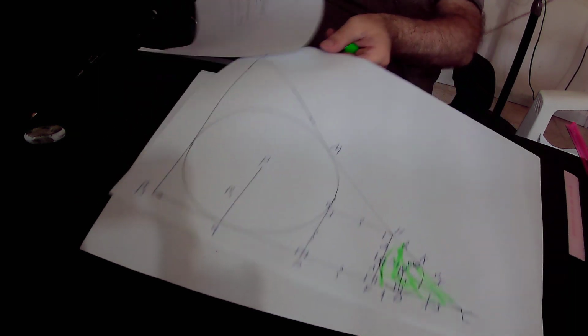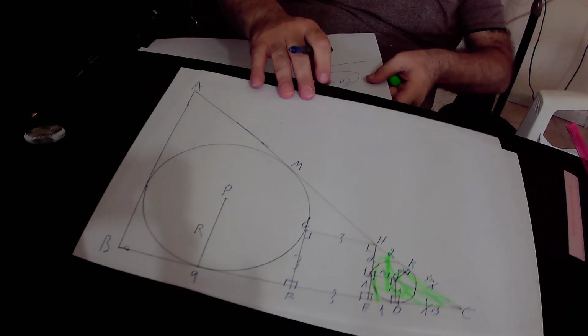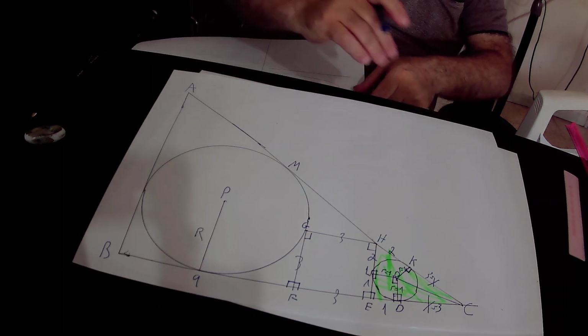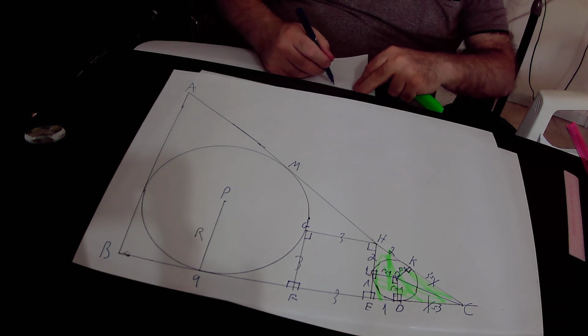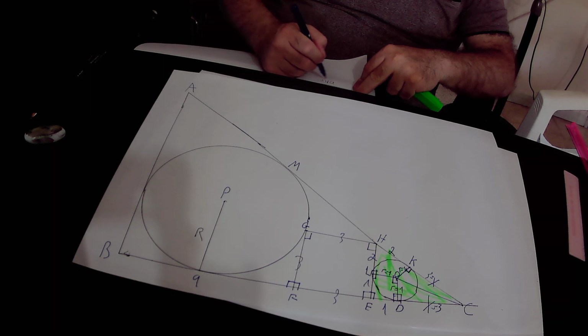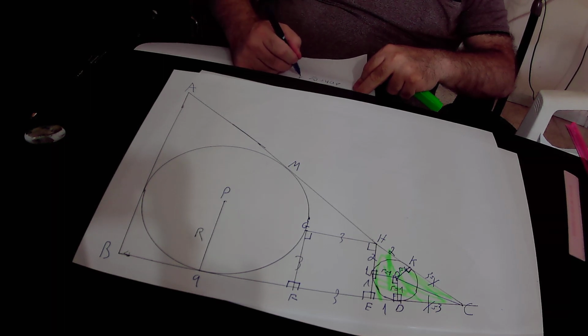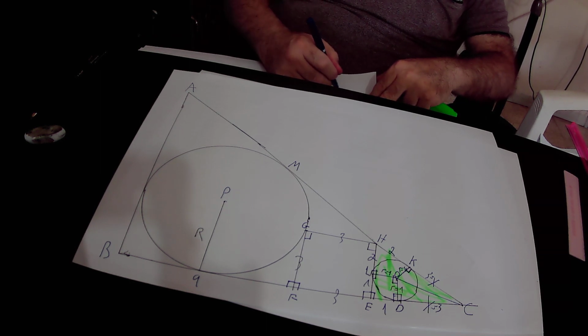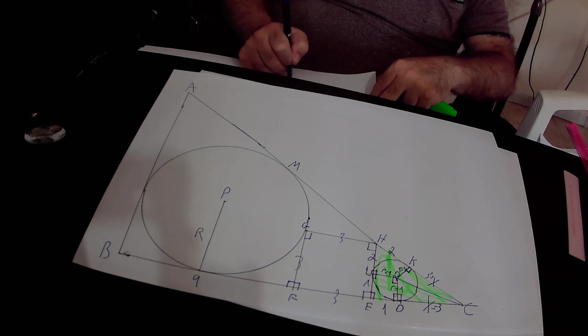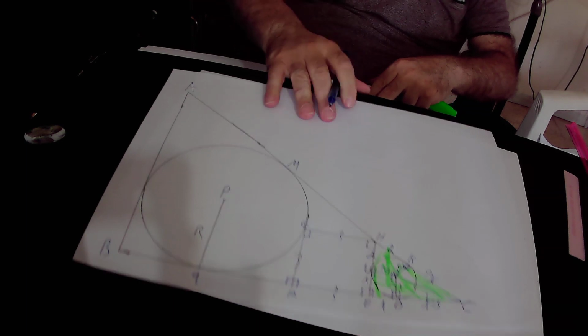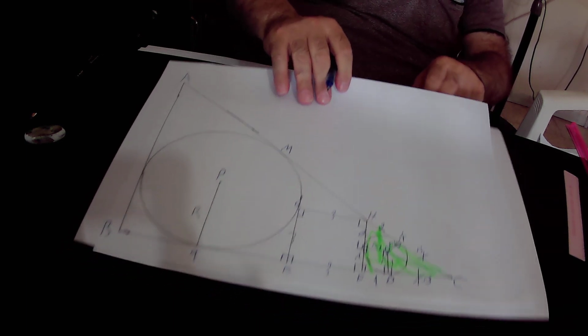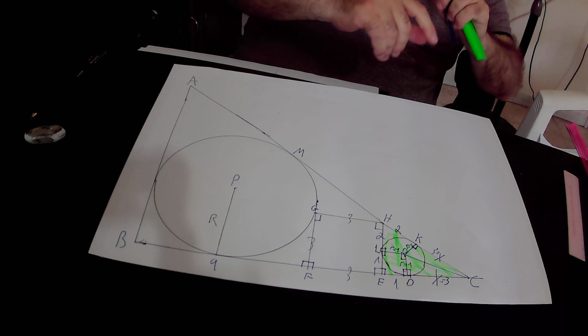I actually proved that the triangle KOC is congruent to triangle ODC according to the side rule.